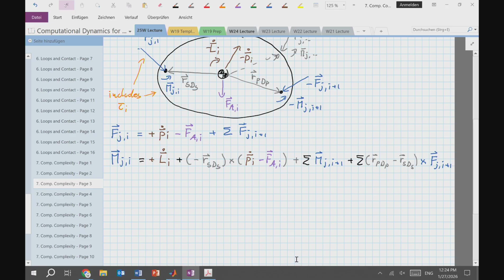And with that, we can now put together the algorithm. And our algorithm is going to be two parts.